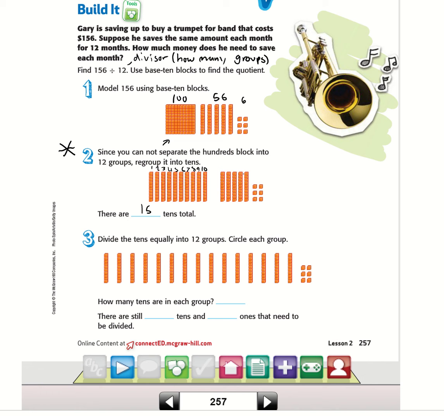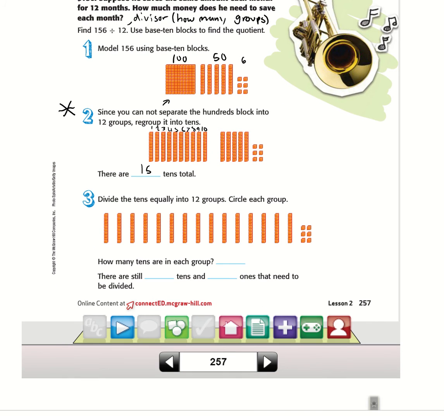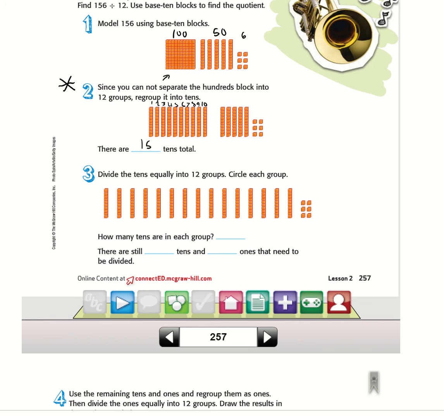And then we have the original 5 here. That should be 50 up here. So we have 15 tens total. So now we can divide the tens equally in 12 groups. So I'm going to create my 12 groups now.